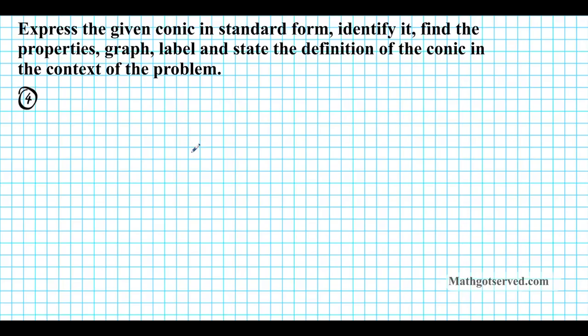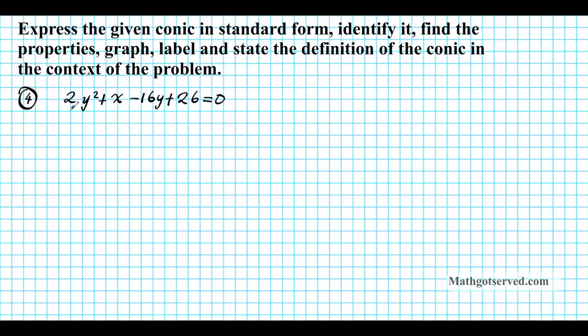Now, let's consider the equation. The general form of a conic given by 2y squared plus x minus 16y plus 26 equals 0. Now this is a general form of a conic, but can you identify the conic based on the appearance of this general form?